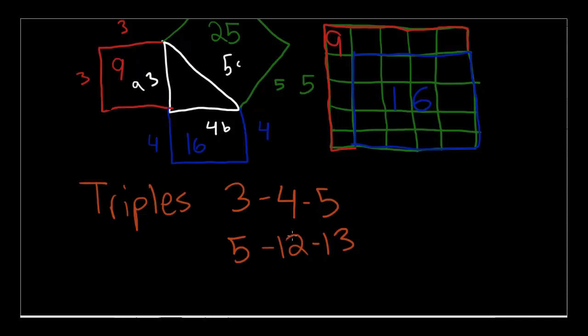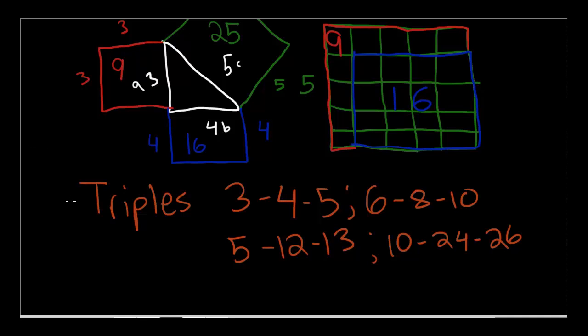You can sit and find them out all on your own. I will be doing another video on the triples because it's another separate topic on its own. But for now, we're just going to stick with this. Then, again, there are also the multiples, like 6, 8, 10, or 10, 24, 26. Those also work.